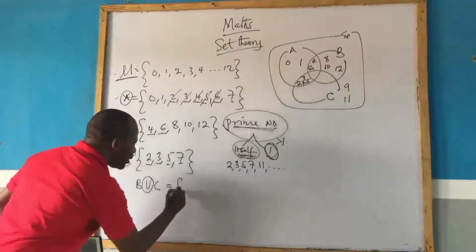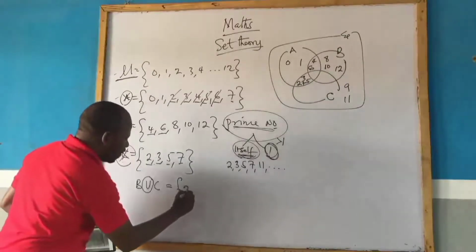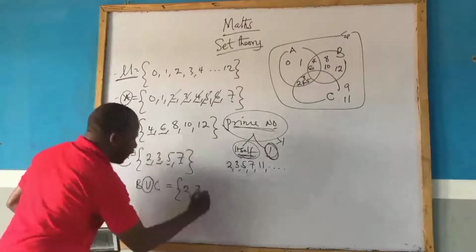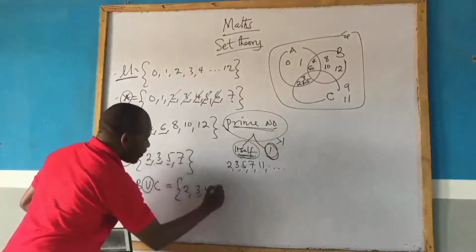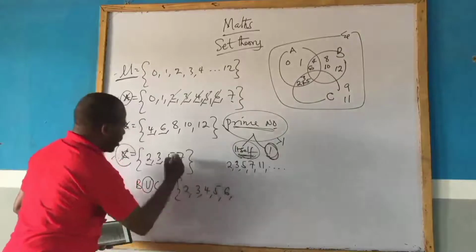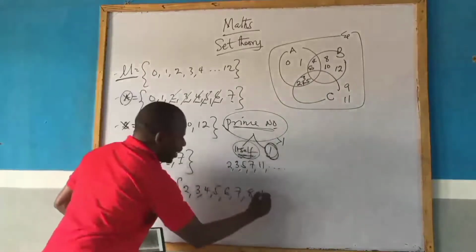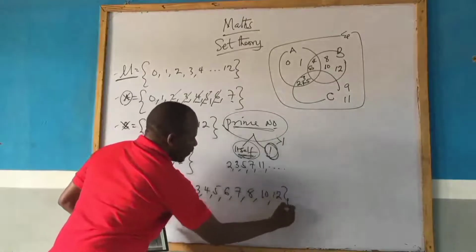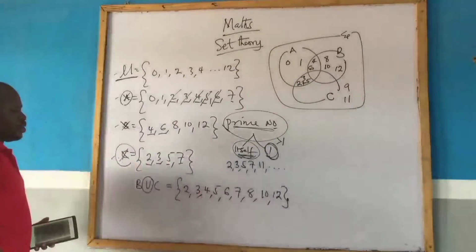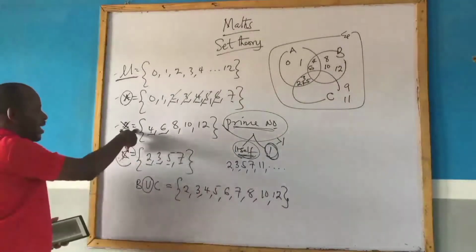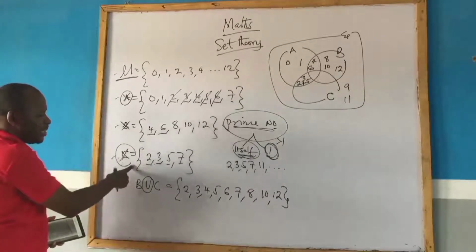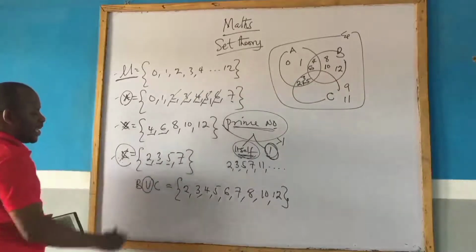So B union C will be 2, 3, 4, 5, 6, 7, 8, 10, and then 12. So this is B union C. You list the elements in B and the elements in C. You will not repeat any of them.